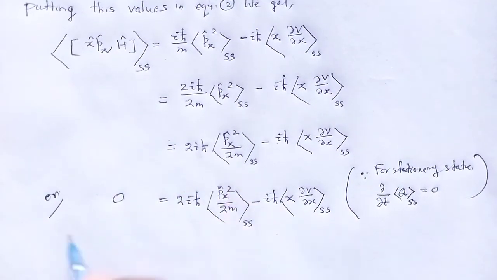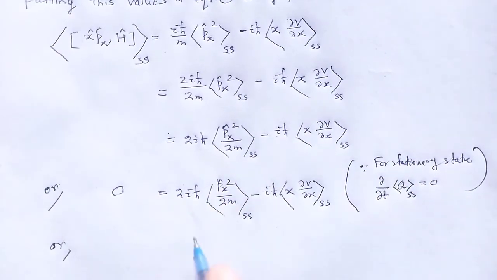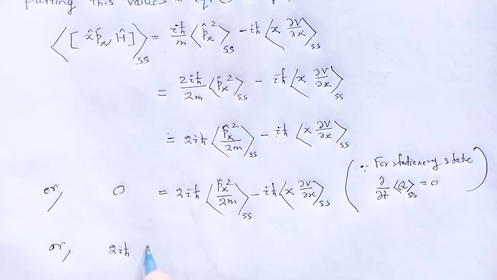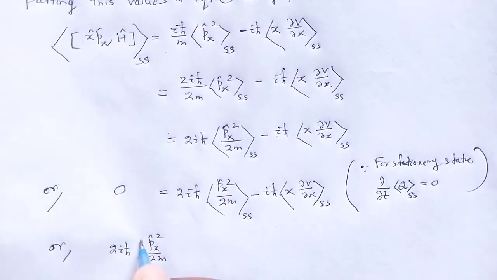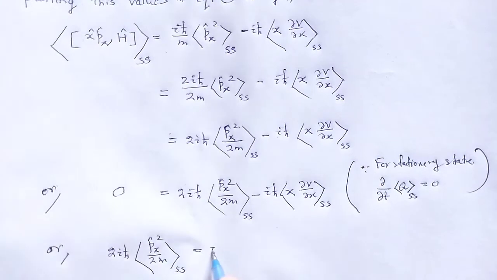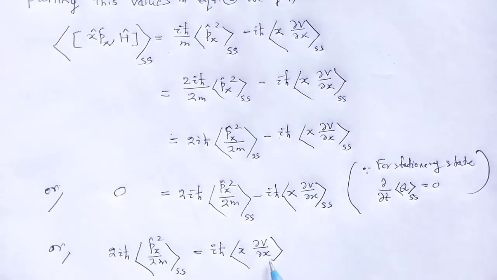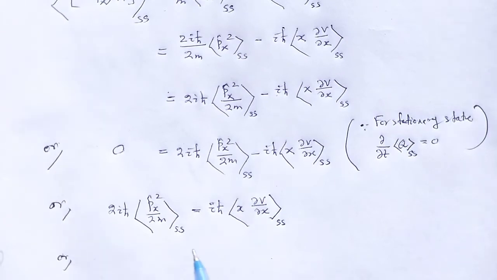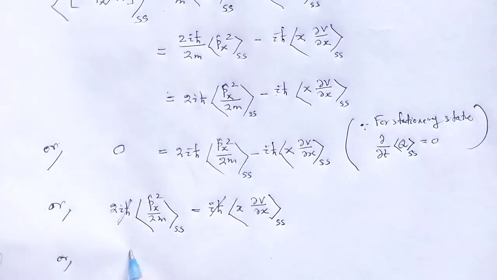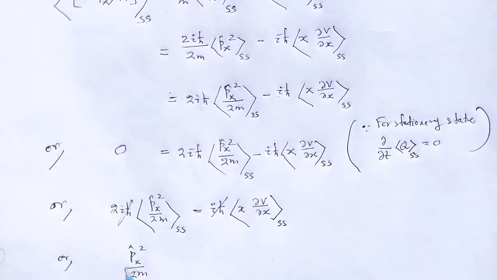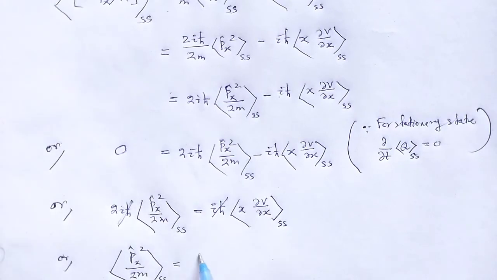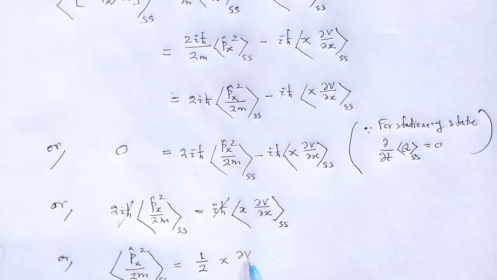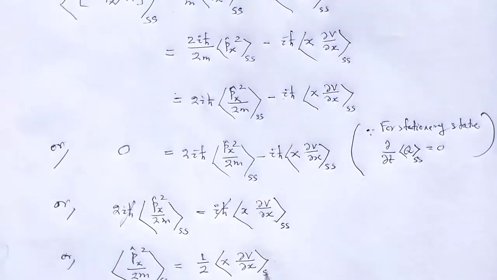This factor to that side, or we can write in a simple manner, 2 i h cross px square divided by 2m stationary state will be i h cross x del v by del x expectation for that of stationary state, or i h cross cancels out, again px square divided by 2m stationary state is equal to half x del v by del x expectation stationary state.